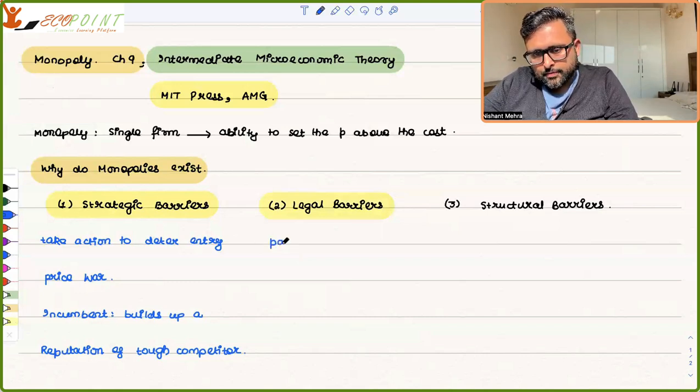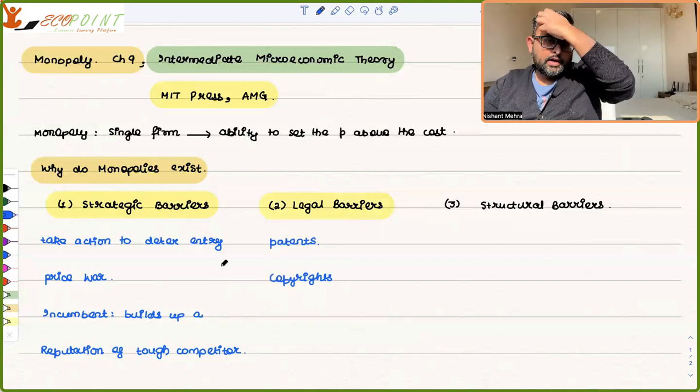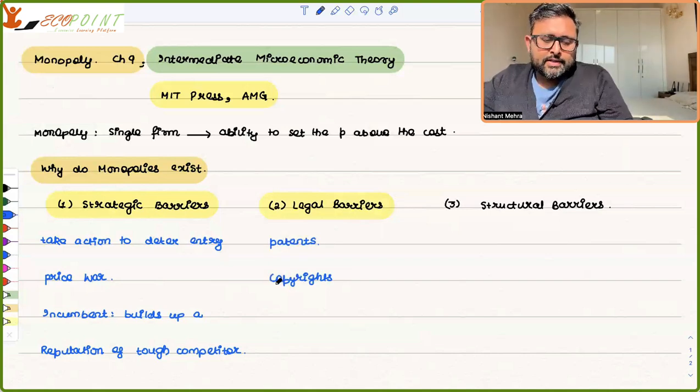Now patents, copyright is, for example, I have discovered a new product. So law gives me certain advantage over the others.